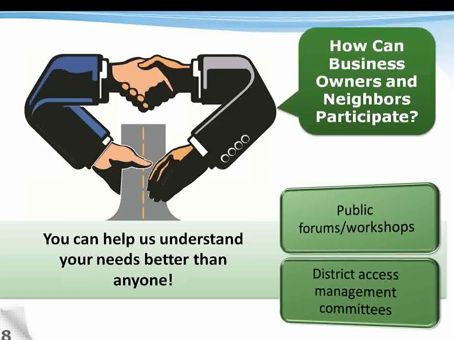What we do is encourage public workshops and working directly with neighbors and business owners to not only tell them the benefits of good access management, but also to listen to them and to change plans if necessary. Many times they know their area better than we do and know the type of trucks that may be coming in for delivery, and we have changed our plans based on this robust public input.